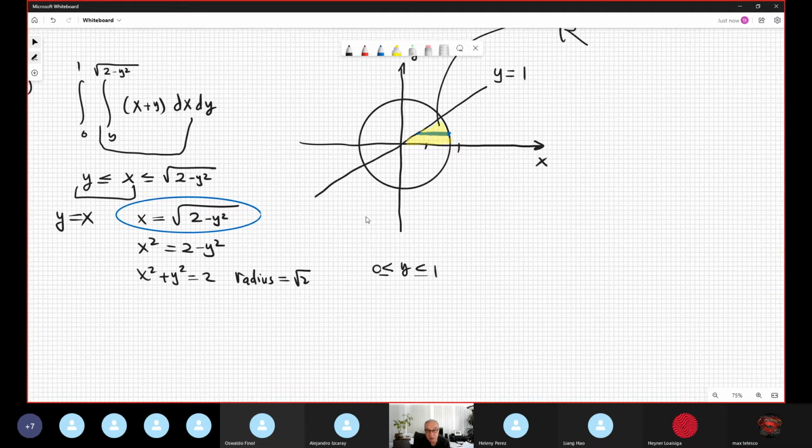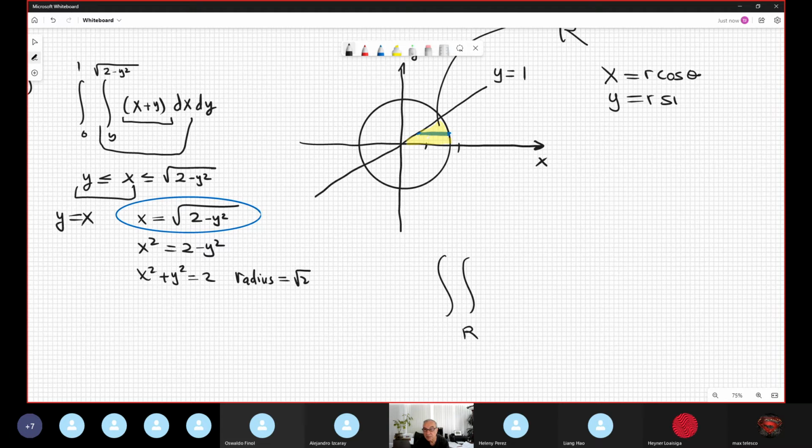You write the double integral in polar. Let me erase this part, it's not important. Double integral over the region R. First of all, we have different steps. Step 1 is determine the region. Step 2 is changing the integrand to polar. I know that x is equal to r cosine theta, and y is r sine theta.